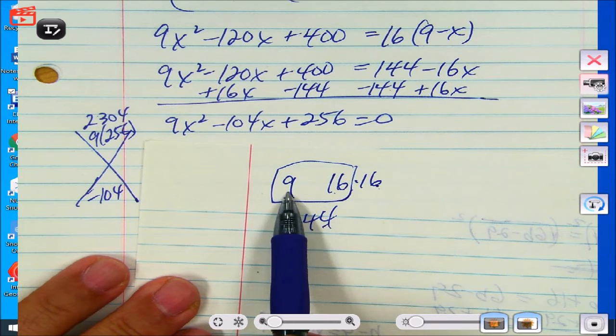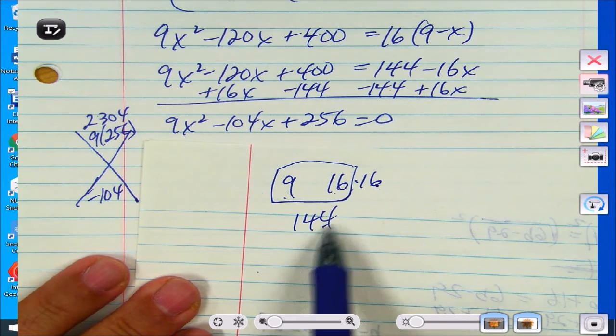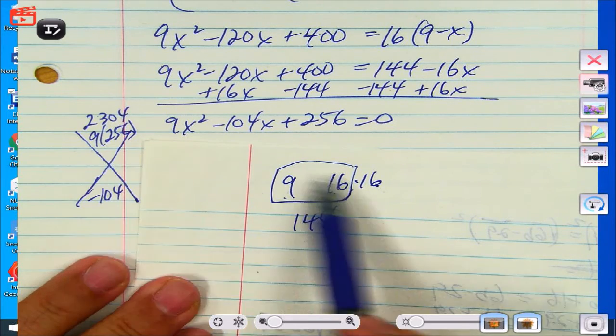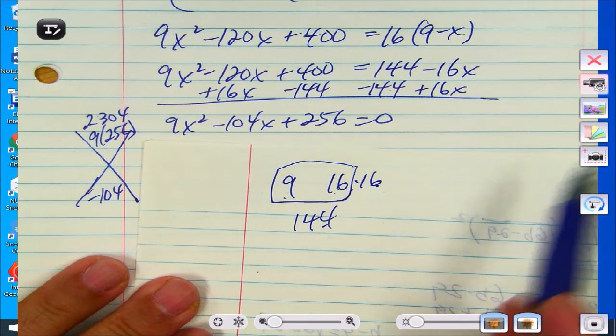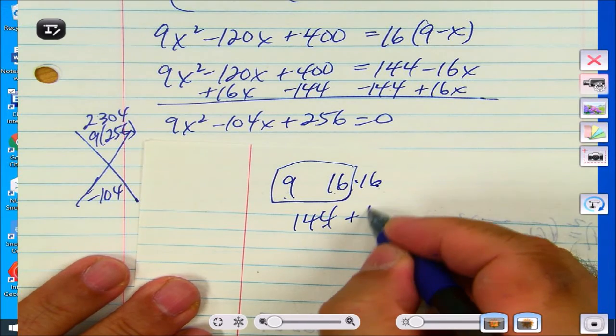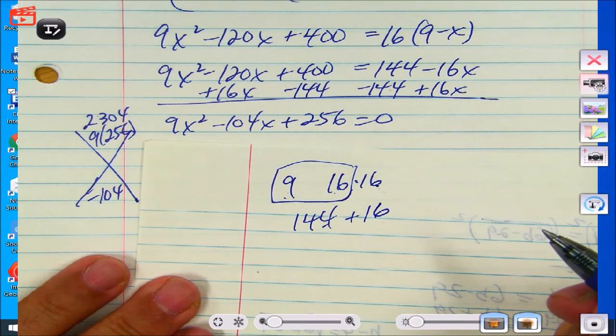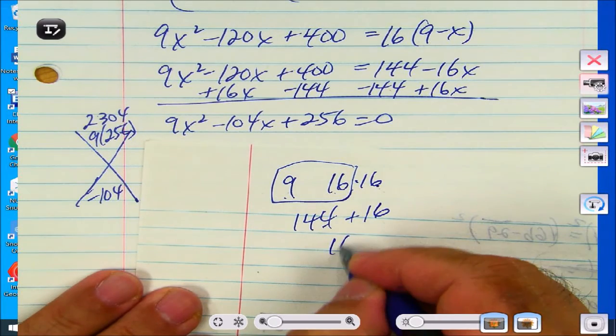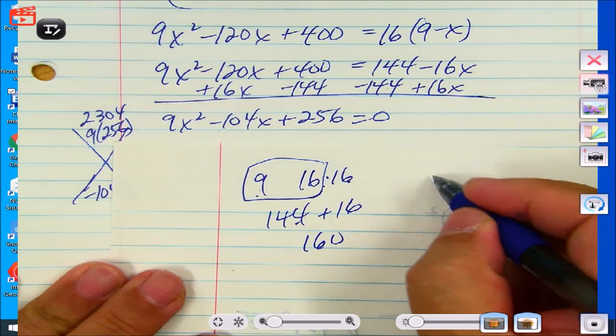So if I group these two together and then multiply by 16, I still get that number up top. I'm just changing the order of the factors. But what's 144 plus 16? It's not what we need. 144 plus 16 is 160. So I try something else.